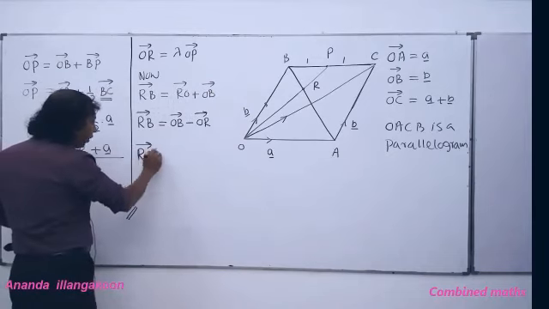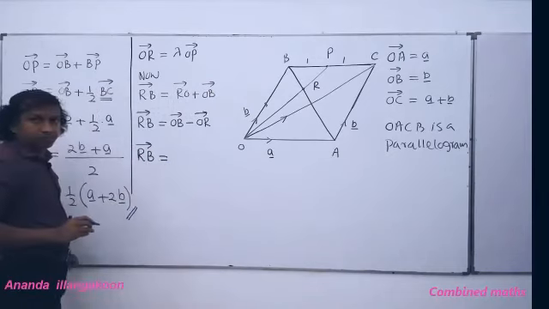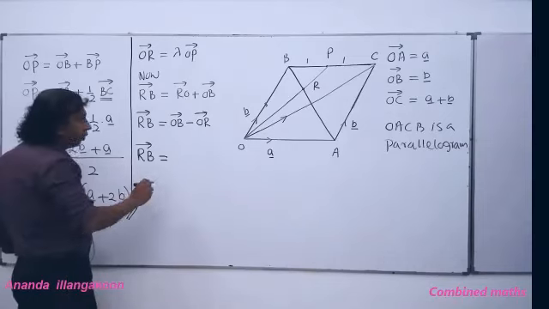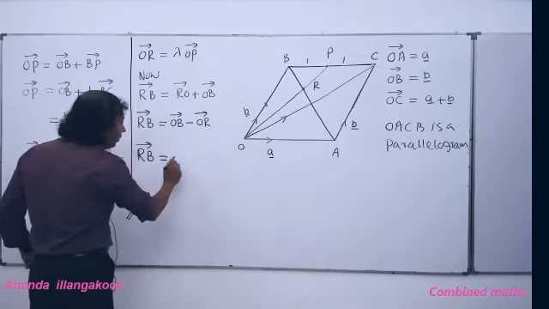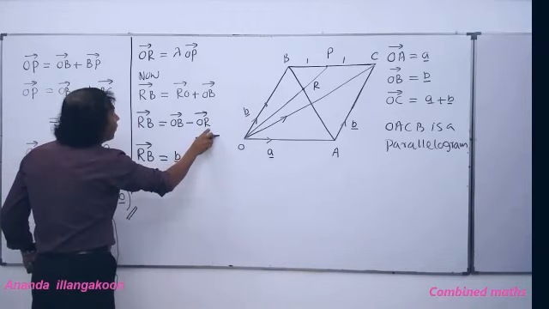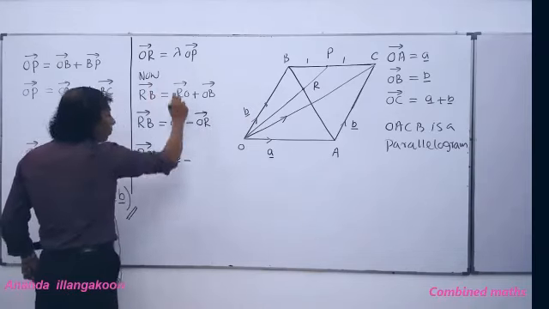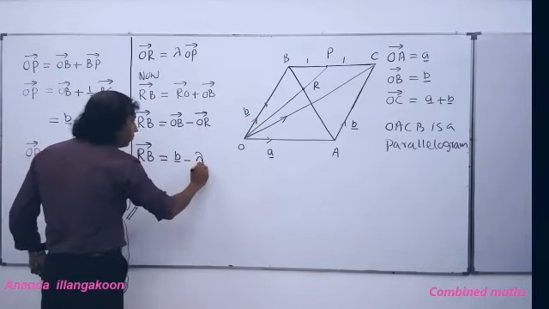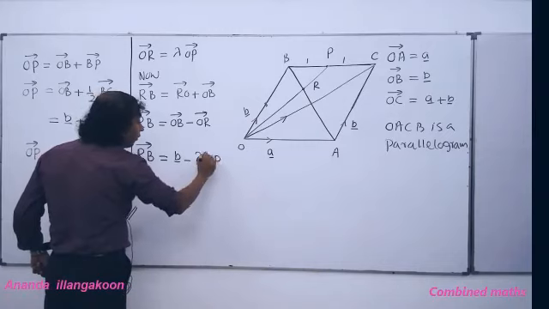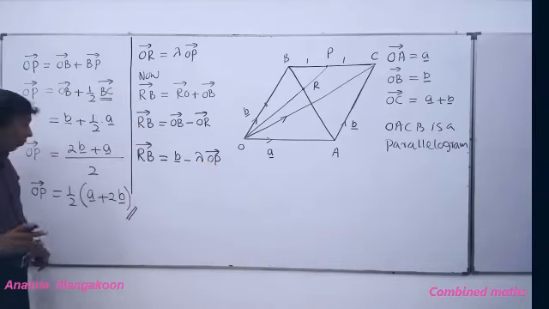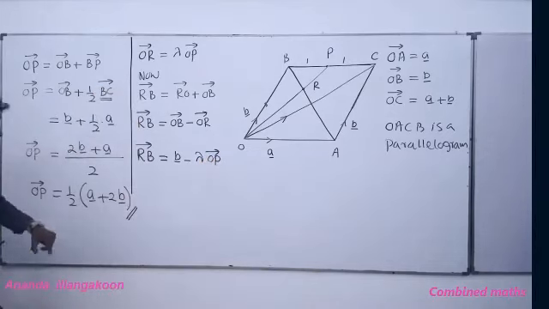RB vector you can write OB vector, simply B vector, minus OR vector, which is lambda times OP vector. But we found this OP vector as half of A plus 2B.